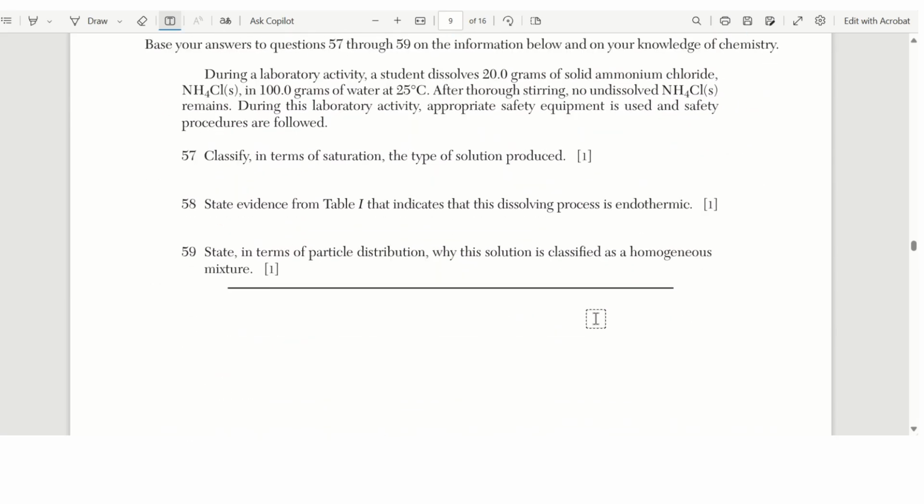Okay, 57 through 59. Classify in terms of saturation the type of solution produced. So what I need to do now is look up the solution. So I have this many grams of ammonium chloride in 100 grams of water at 25 degrees Celsius.